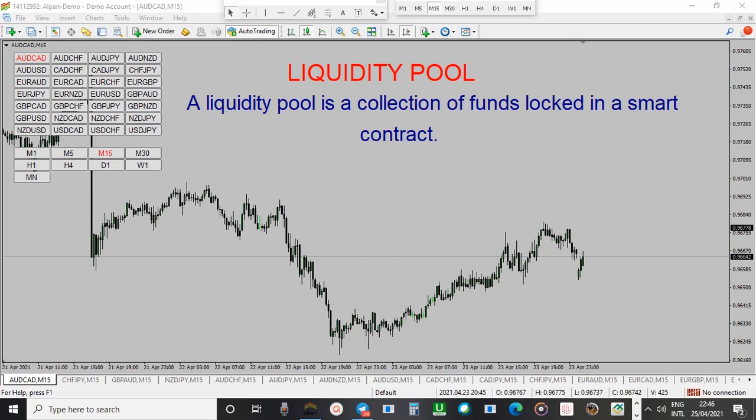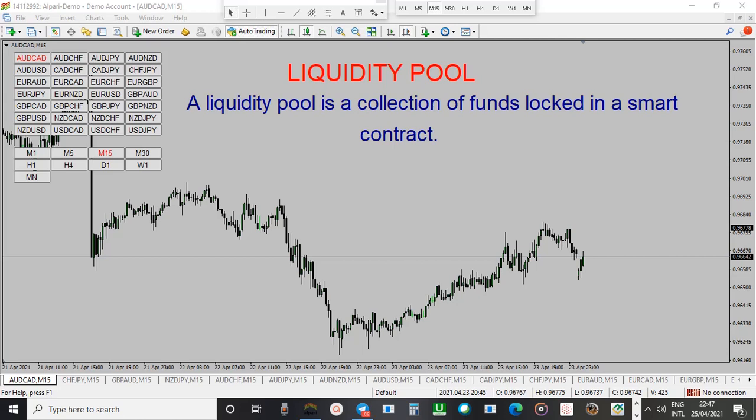This is the second video, and we are going to consider liquidity pool. What do we mean by liquidity pool? A liquidity pool is a collection of funds locked in a smart contract. In a nutshell, where money is.